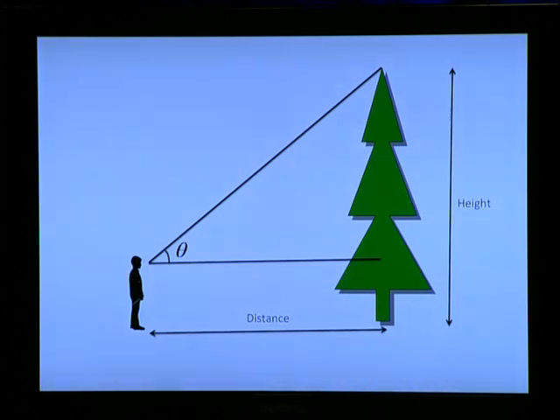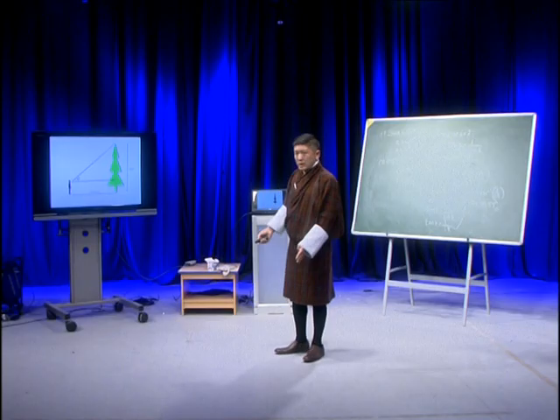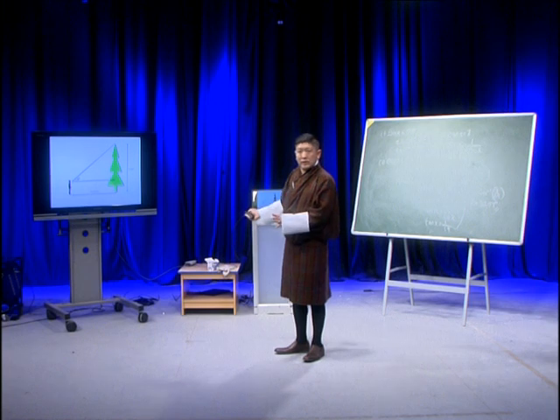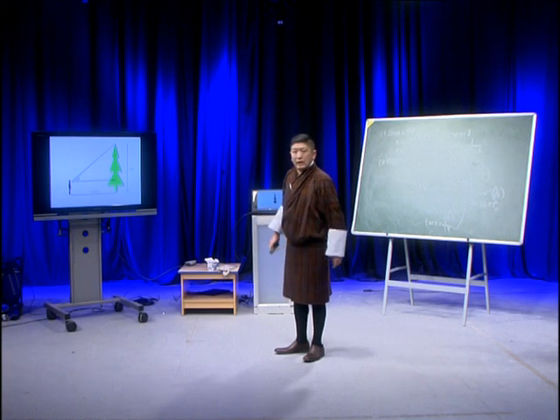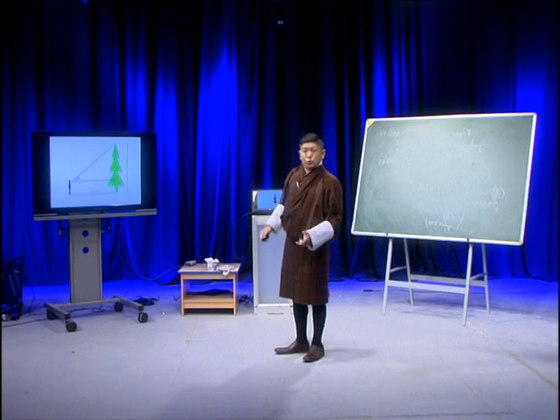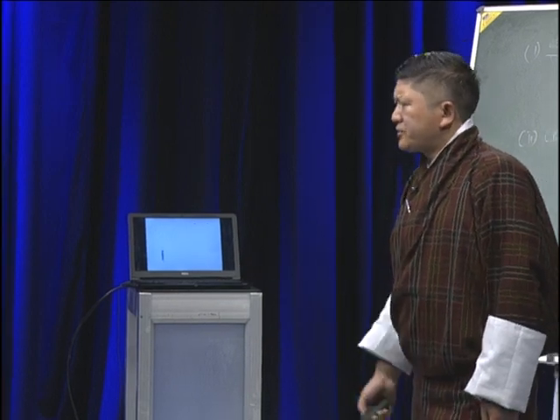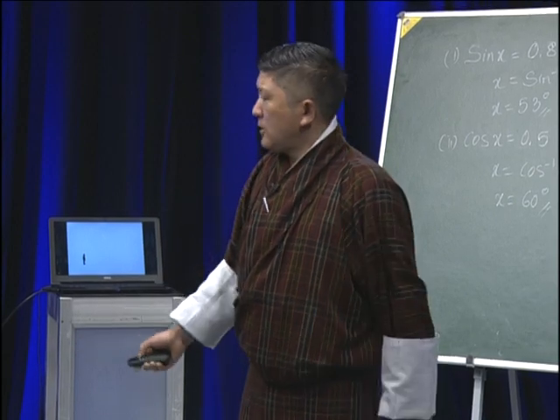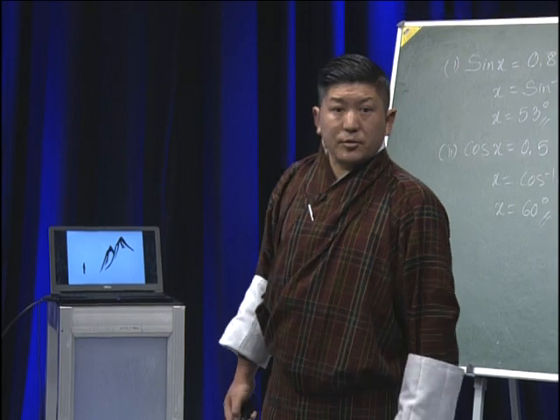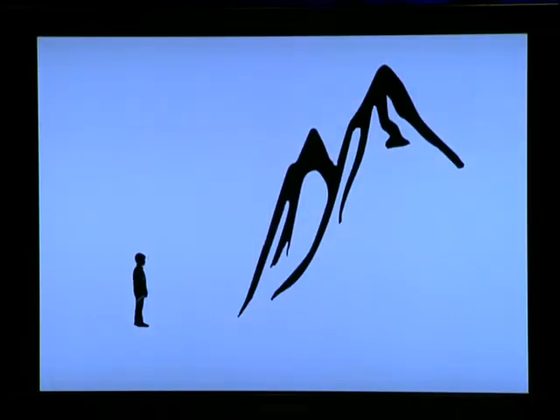If you know that much, we can find the height. In the next lesson, you will be taught how to find out the height. I am just giving you the idea of how to use trigonometry in our daily life. Measuring the height of a tree is quite simple. Now let's talk about measuring the height of a mountain.